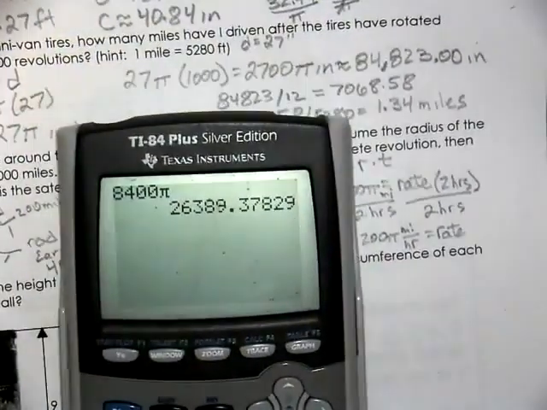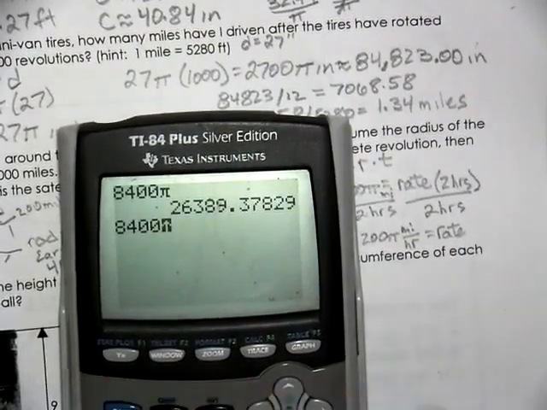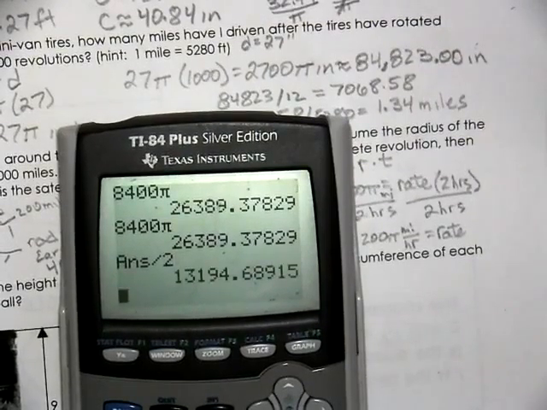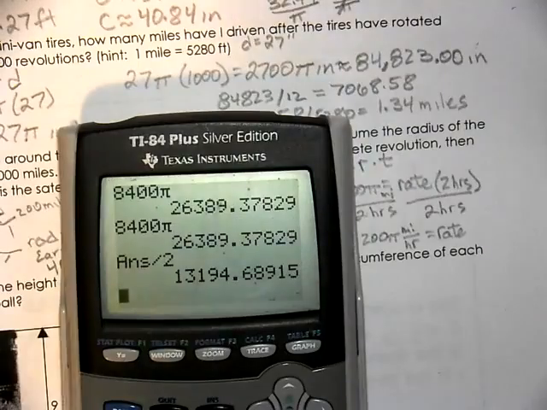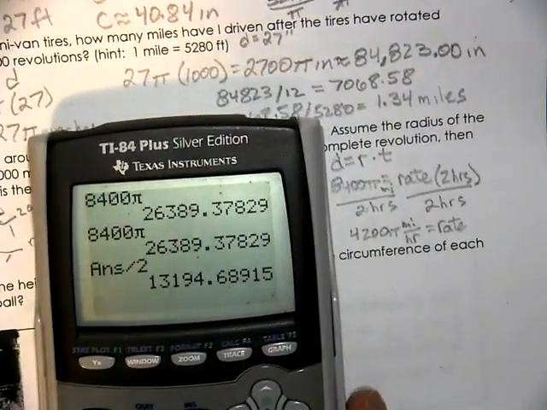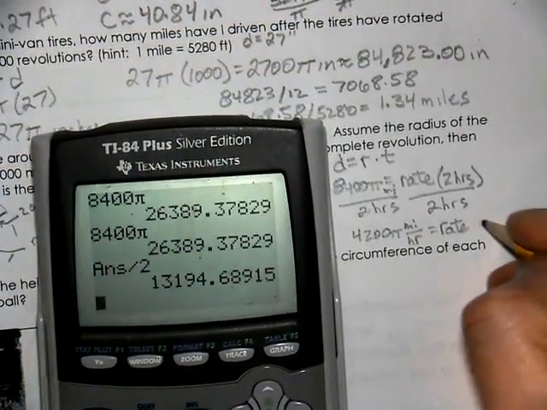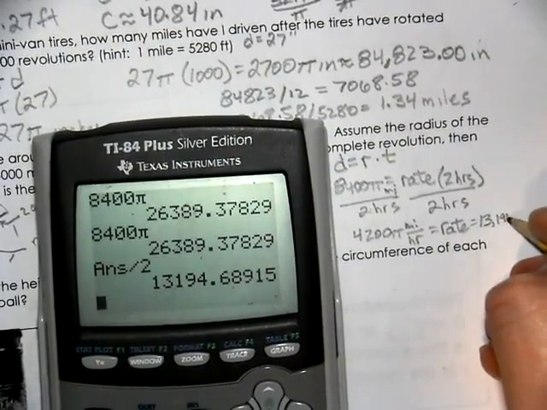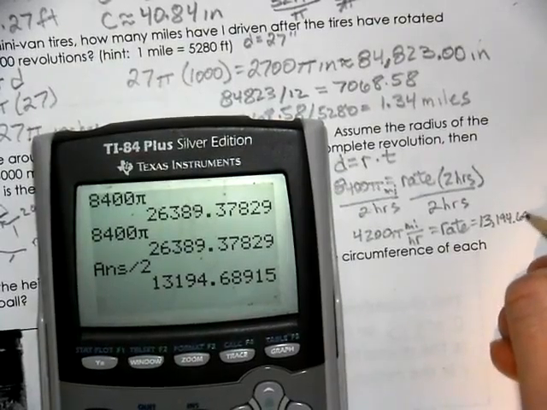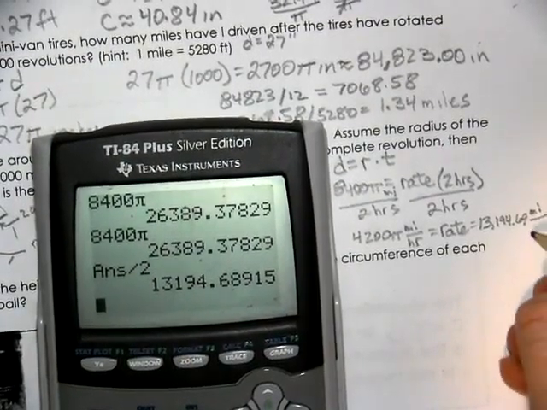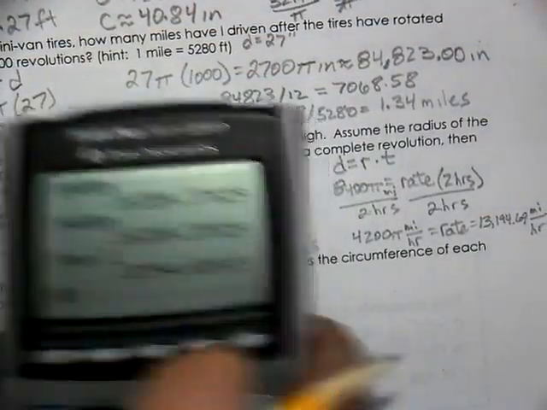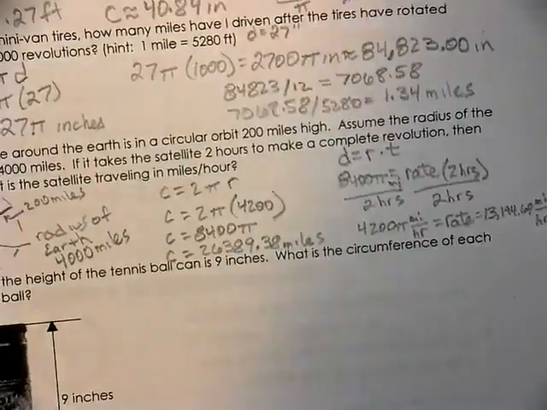And if you take your 8,400 pi and divide that by 2, that's going to give us 13,194.69 miles per hour. So that satellite's whipping around the Earth really fast.